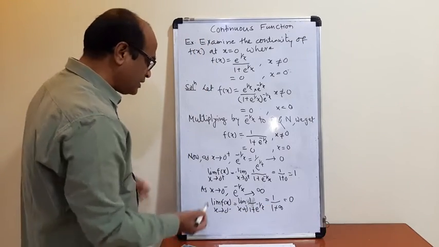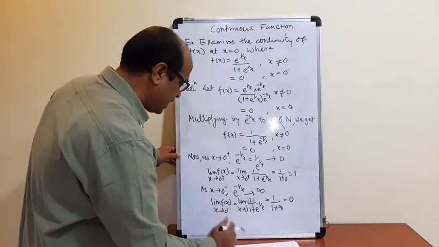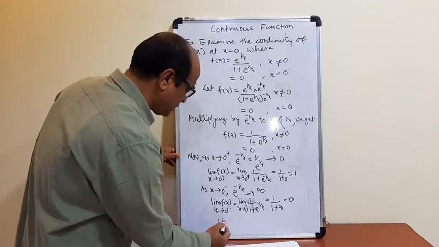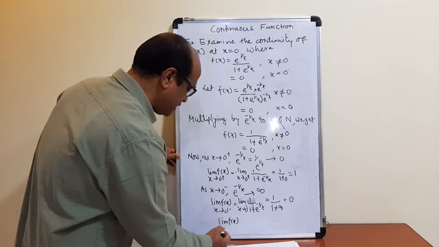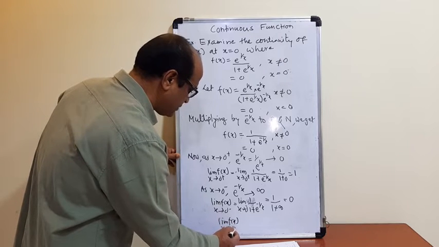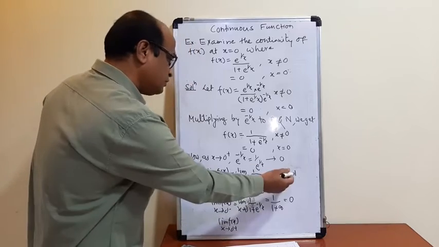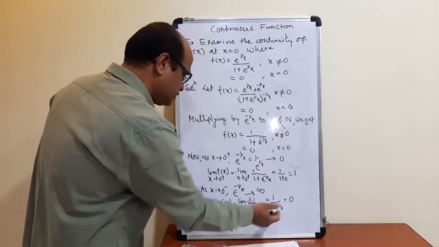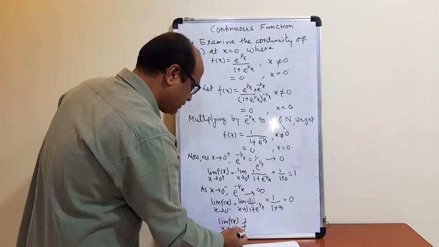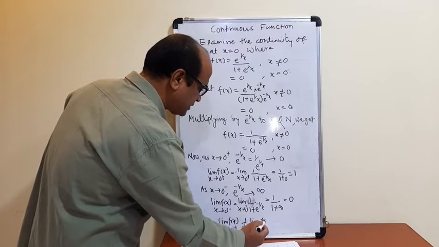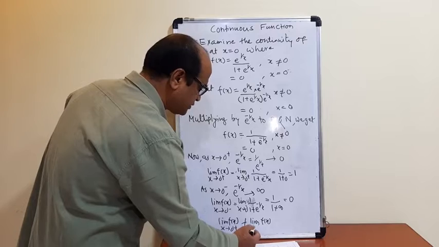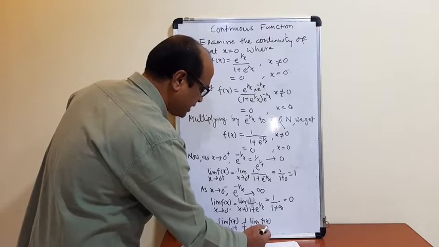So what is the right hand limit? The limit of f(x) as x tends to 0 plus is equal to 1. But this is equal to 0, not equal to the limit of f(x) as x tends to 0 minus.